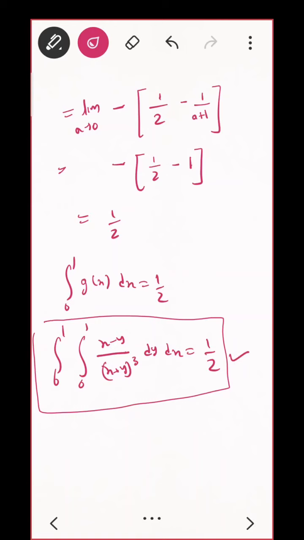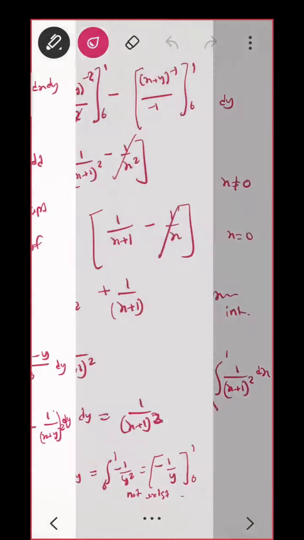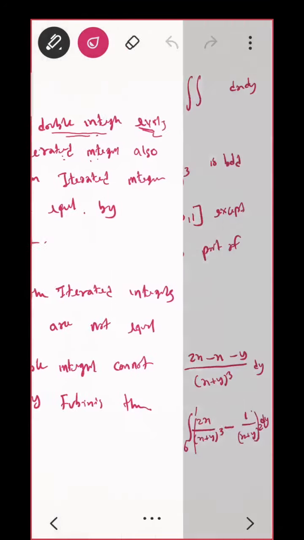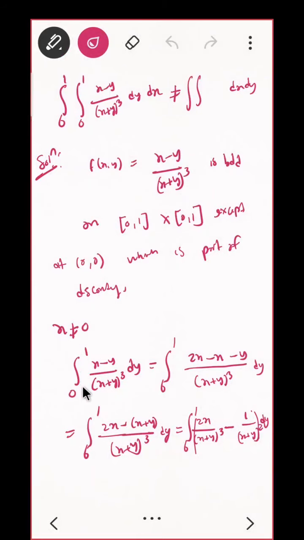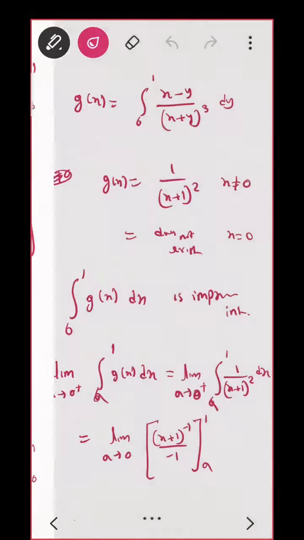Is it clear? Now shall we start similarly with respect to y only? See, we started with x non-zero, taking integration 0 to 1 over dy. Now let us do the same thing and see.